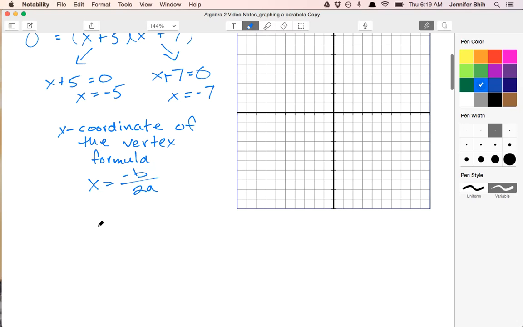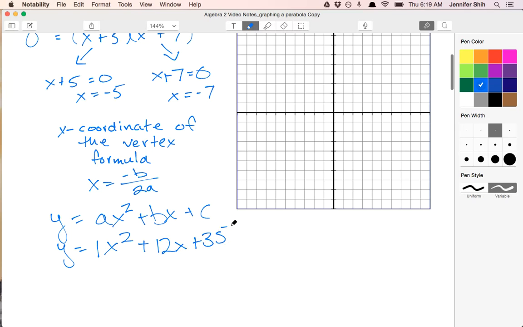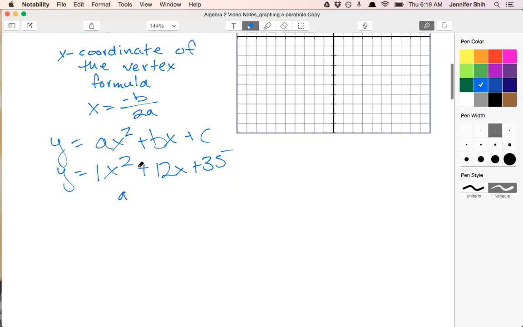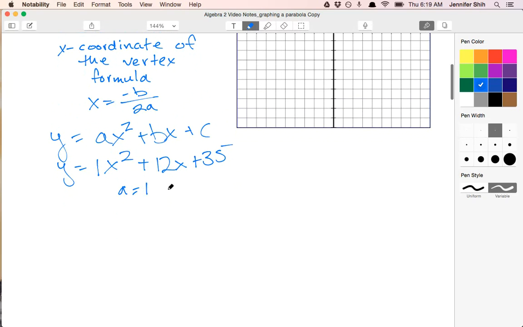Okay. Let's find the x-coordinate of the vertex. x is, well, we should actually talk about using our standard form. If we have y is equal to x squared plus 12x plus 35, our a value is equal to 1, our b value is equal to 12, and our c value is equal to 35.